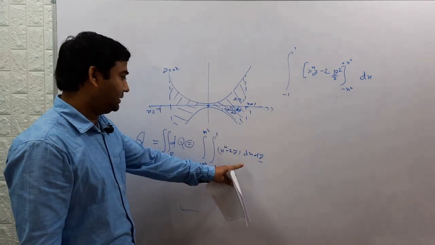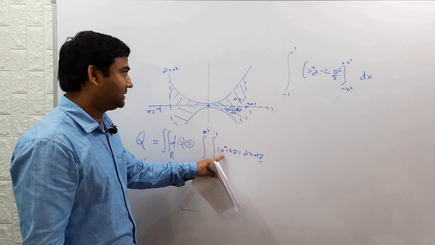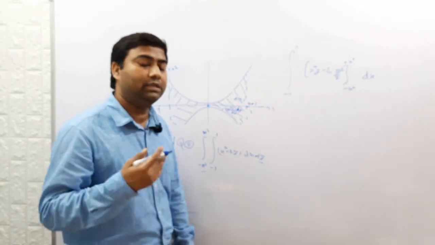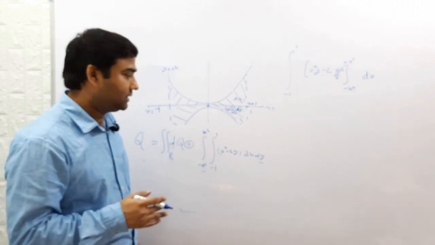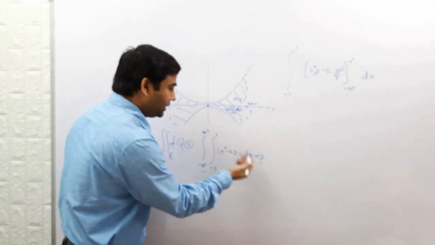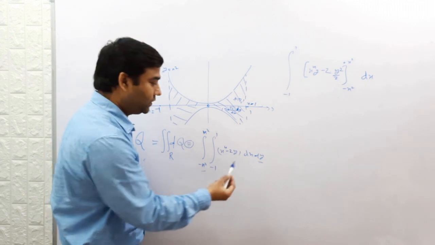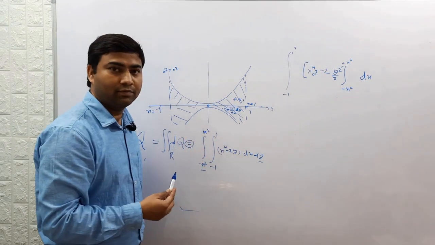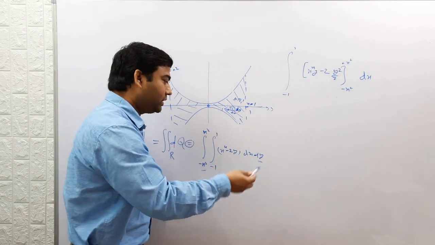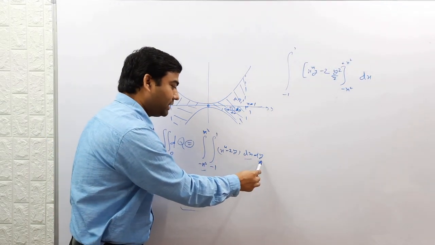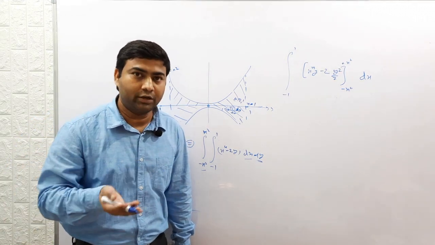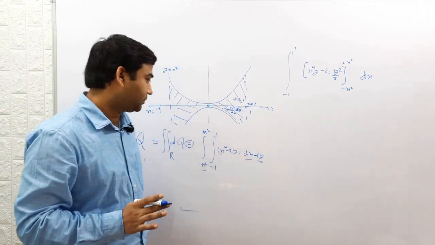We have integrated with respect to y, assuming x as constant, as per Fubini's theorem. We have explained that we can carry out the integration in any order. First, you can integrate with respect to y, and second with respect to x, or you can first integrate with respect to x and then y. That is Fubini's theorem. The order of integration doesn't matter.